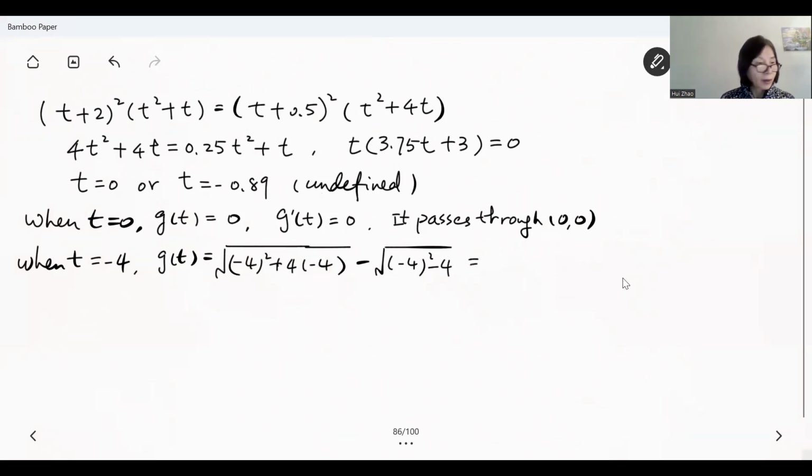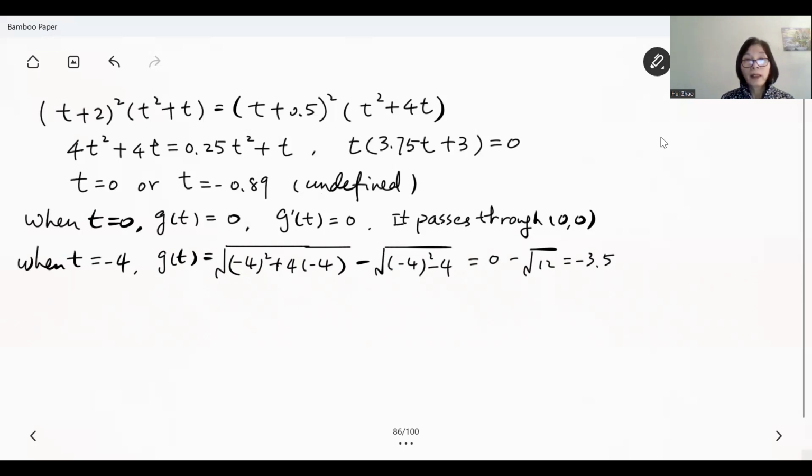So we can get the number: the first term equals 0, the second term is 16 minus 4 is 12, right? It's the square root of 12, so the value is negative 3.5 approximately, right? Okay.